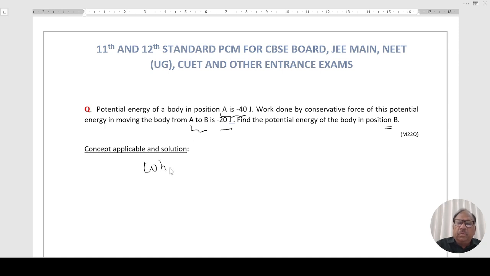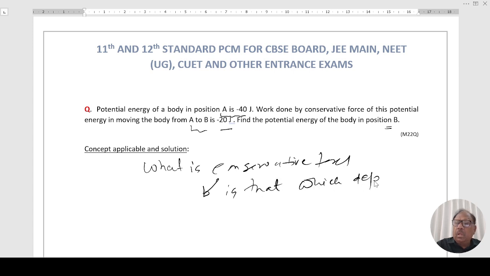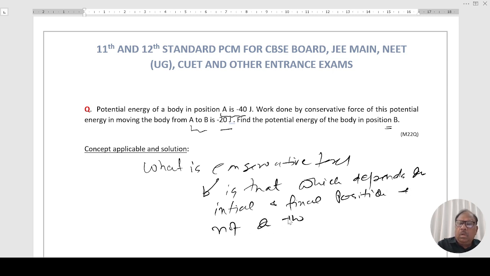What is conservative force? Conservative force is that which depends on initial and final position and not on the path followed.